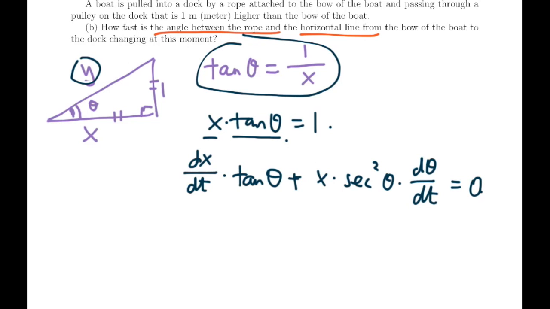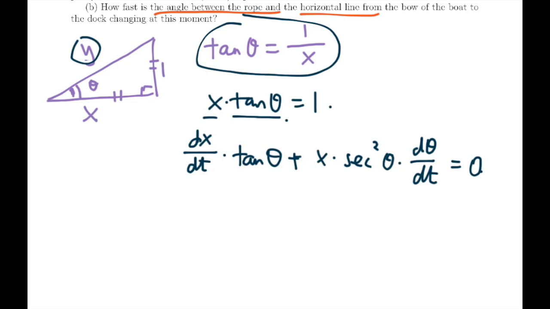Okay, so now, because we want to know the rate of change of the angle, this part, d theta over dt, is the quantity we want to find. To solve this problem, we need to know dx over dt, tangent theta, x, and secant squared theta.